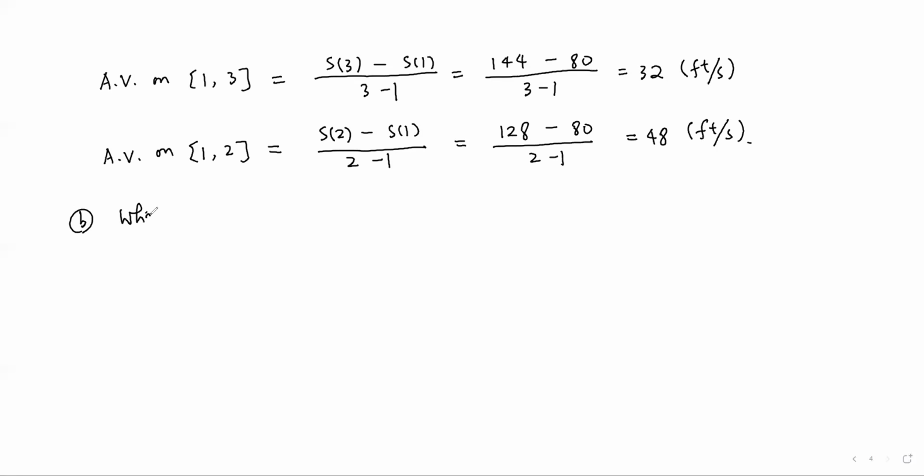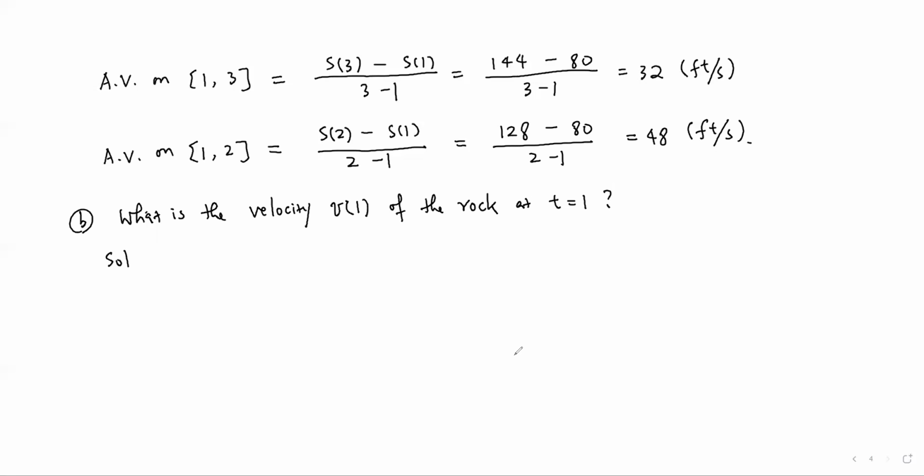What is the velocity? V means velocity. Velocity at 1 of the rock at time 1. This question is asking for instantaneous velocity at 1. How to find instantaneous velocity at 1?